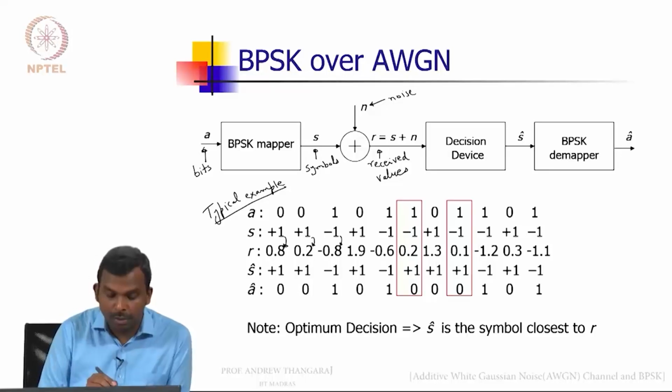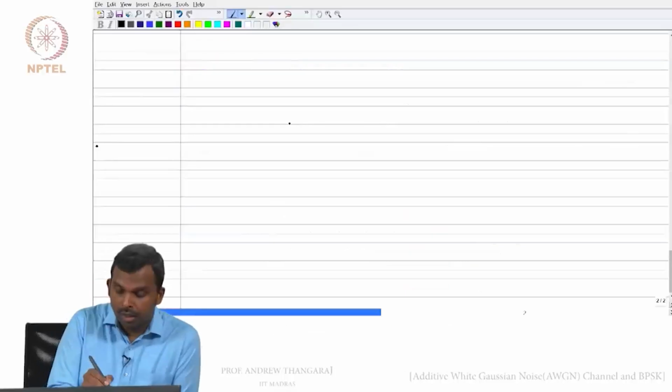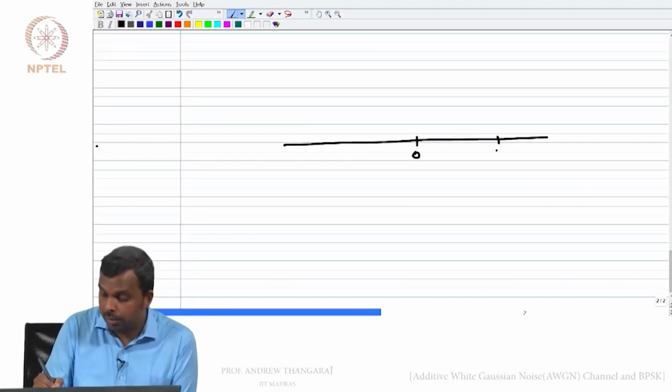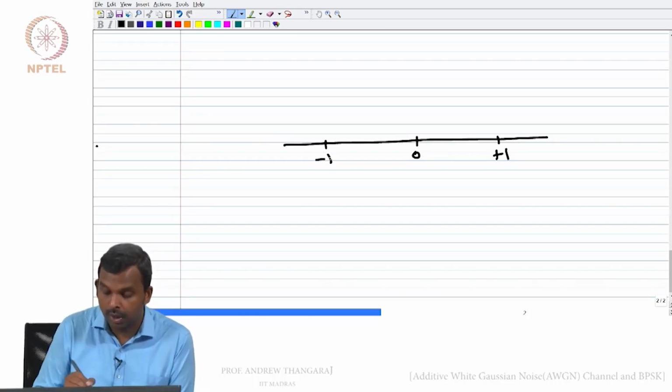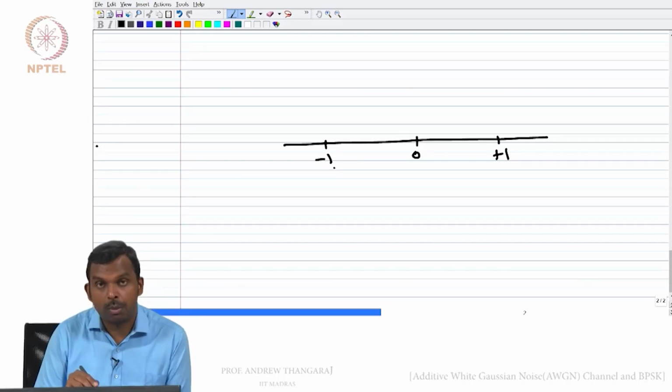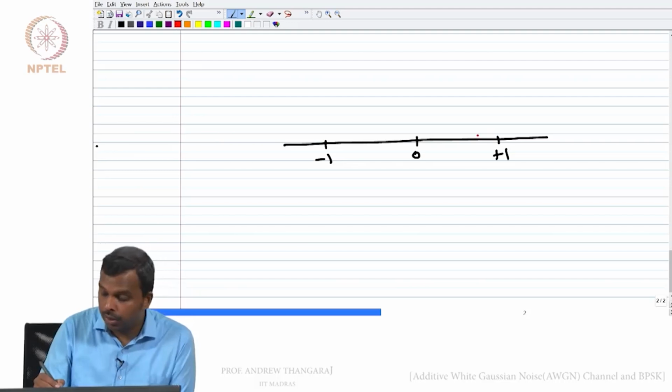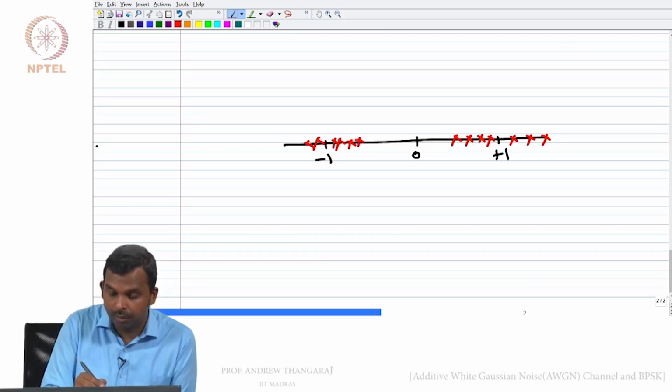Okay. So, if you think about what is going on, here is an axis. Here is 0, here is plus 1, your symbol corresponding to bit 0, and here is minus 1. You are transmitting either plus 1 or minus 1, and noise gets added, and your received values are going to be maybe here, here, here, here, here, here, here, maybe, right. Most of the received values maybe will be here.